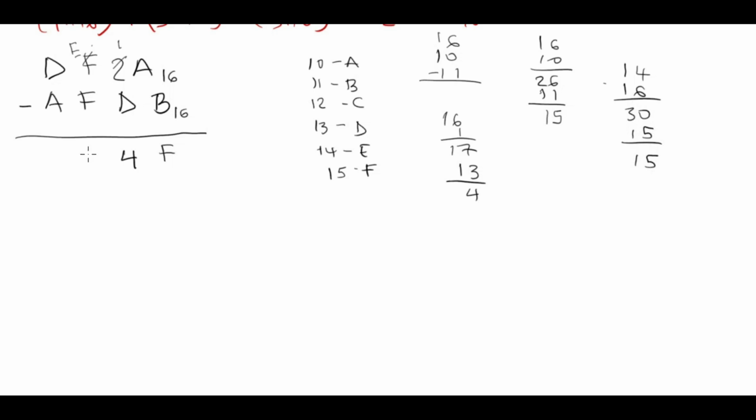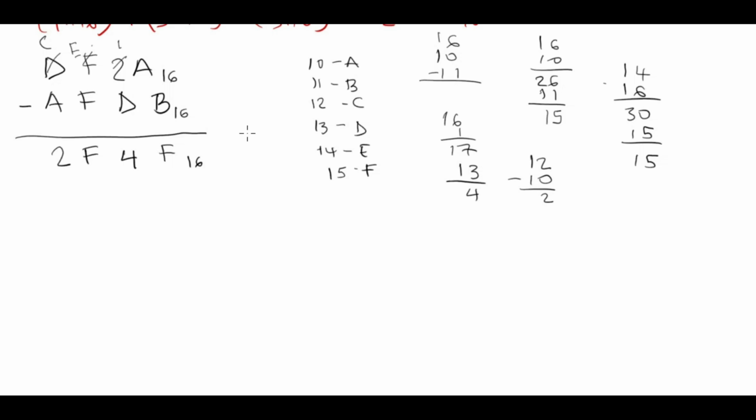So there is F. So remember, you've already carried 1. So this is no longer D, this is a C. C is 12. Minus A is 10. So you're left with 2. This there is 2. Base 16. Okay, so the answer is 2F4F.